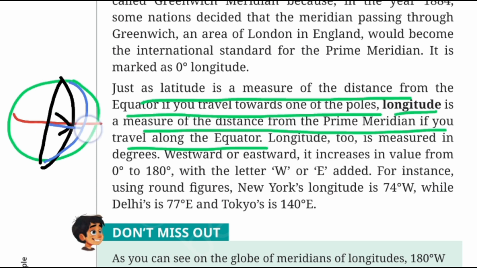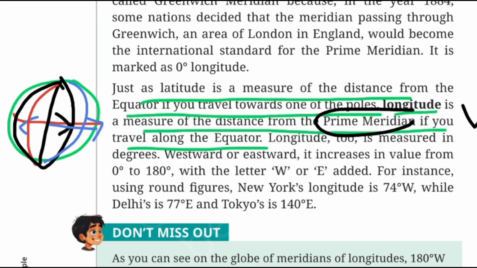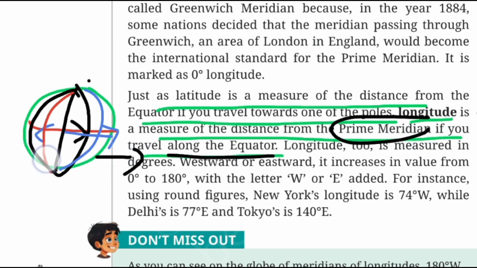If you move towards the western side, this is the 30 degree west meridian, then another, for example the 60 degree west meridian. So longitude is a measure of distance from the prime meridian if you are moving along the equator, either towards the east or towards the west.